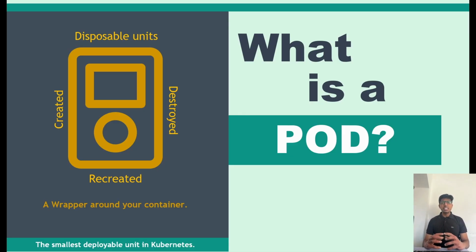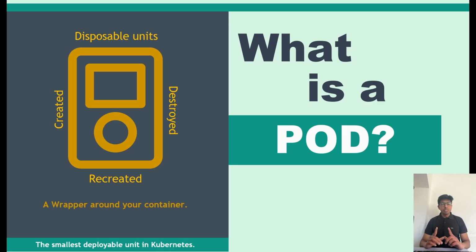So these are much more powerful than containers. Why? A pod can have multiple containers inside them. Now, these are the disposable units that Kubernetes can create, destroy, and recreate. That is why they are referred to as very, very powerful.